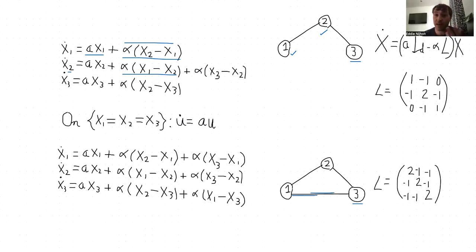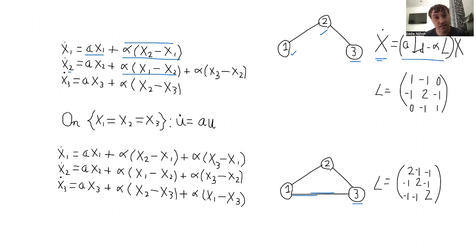Now, what I also explained, and this holds in more generality, is that I can write these linear systems as X dot. Here the capital X is all three separate variables stacked on top of each other, so this is now a vector in R3. So big X dot is a matrix times X.